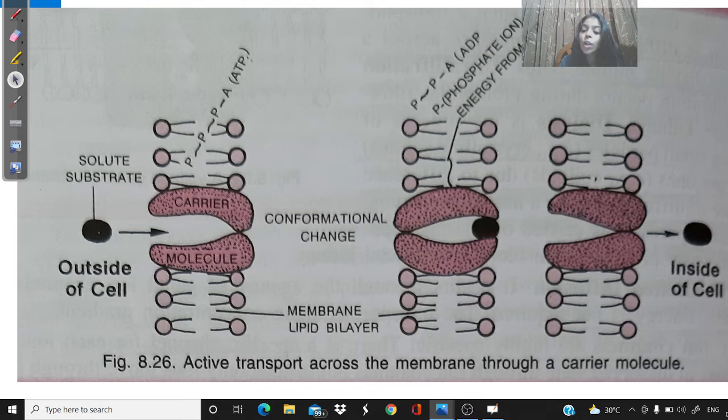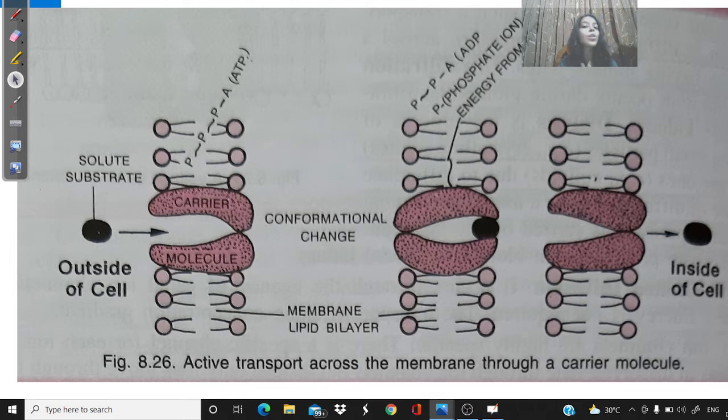So this is all about active transport across a cell membrane using a carrier. First is carrier binding with the solute, then ATP hydrolyzed, then carrier undergoing a structural change, and then the solute passing to the other side of the membrane and getting inside the cell.